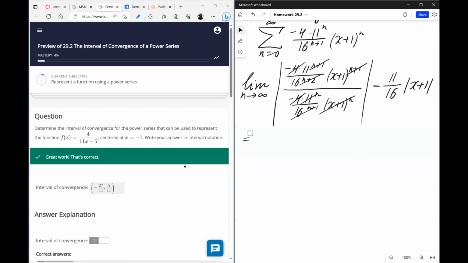And now, because of the ratio test, that has to be less than 1, which gives us exactly the same inequality. So solving this inequality will give us exactly the same solution as above.